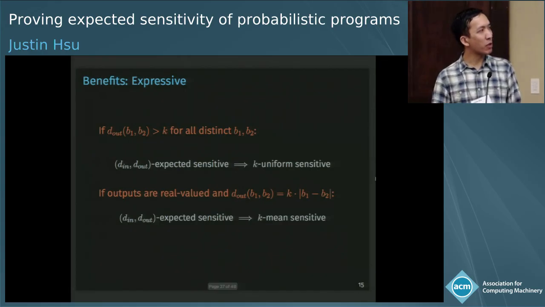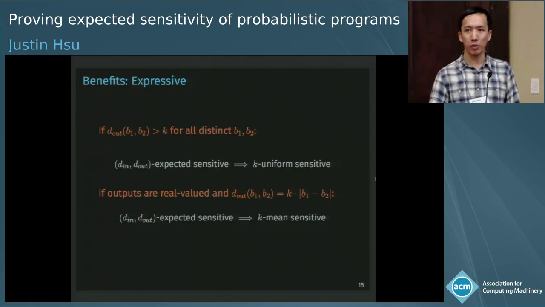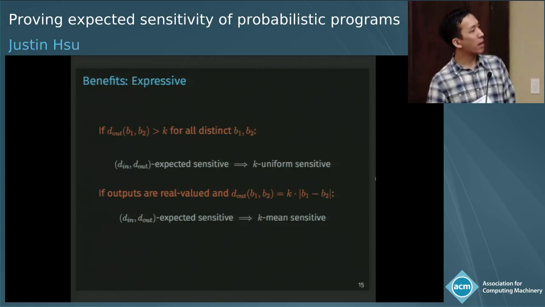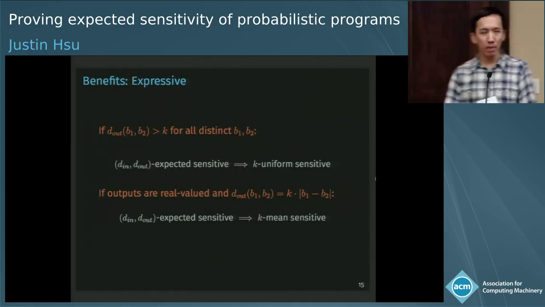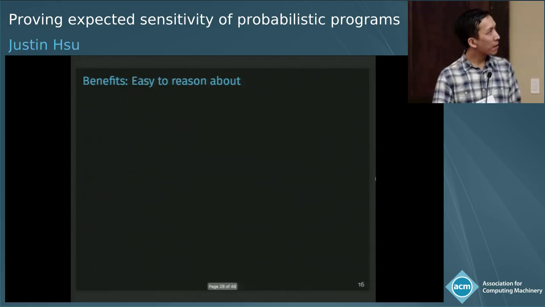And likewise, if the outputs are real valued and we take the ground distance on outputs to be just the normal distance on real numbers, then d in, d out expected sensitivity implies k-mean sensitivity. And by varying the ground distance, we can recover other kinds of sensitivity.